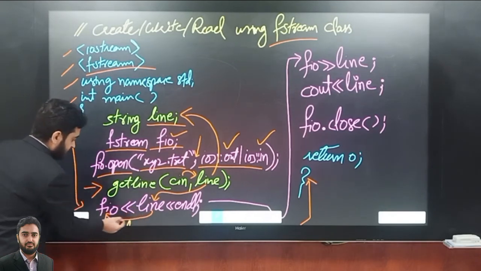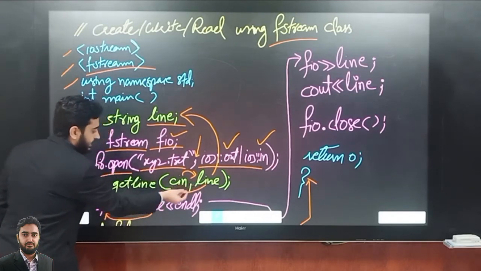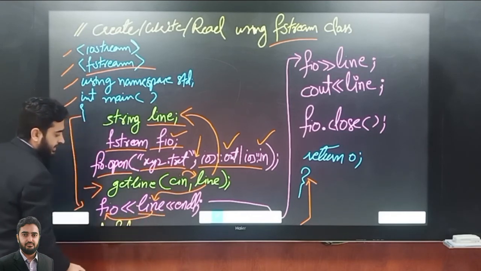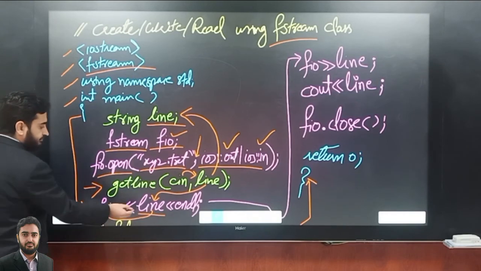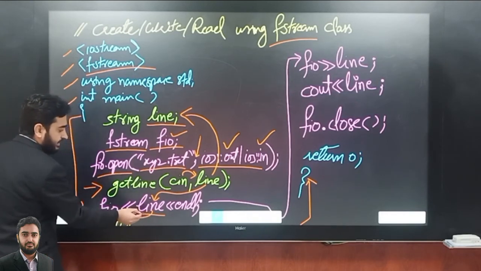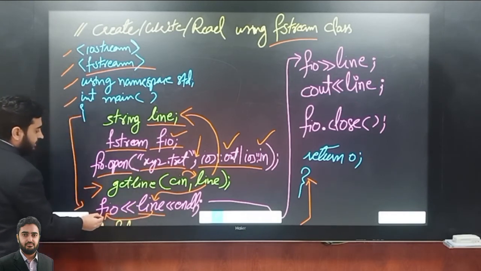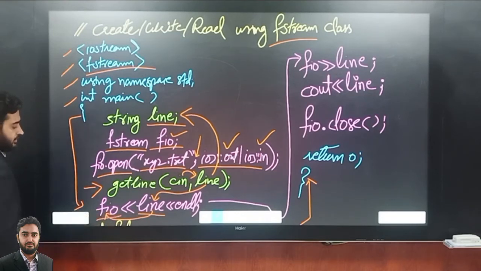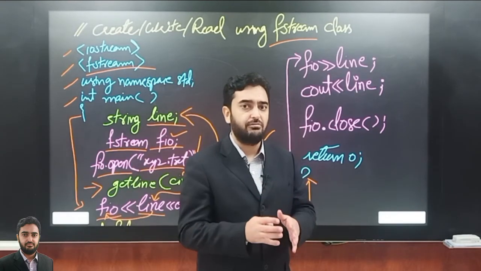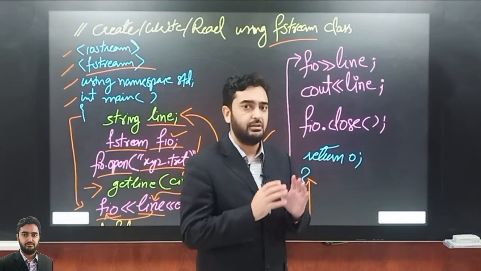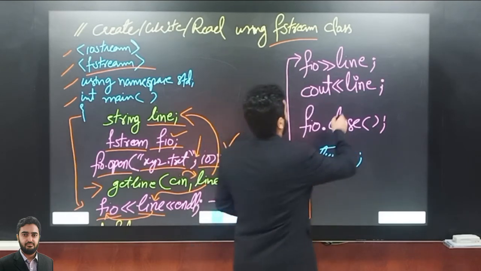This is the syntax for writing the value of a string variable into the file. Since this file has already been opened, the text inside the line variable will be written in the open file.